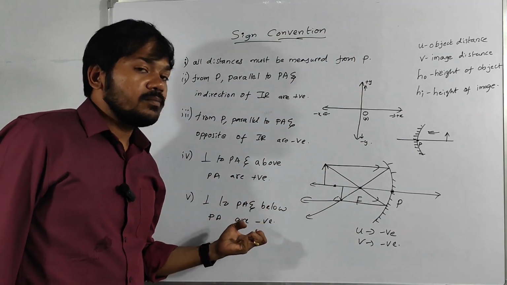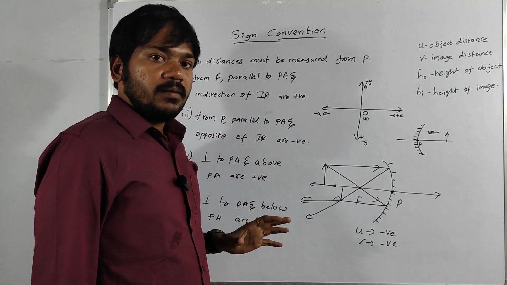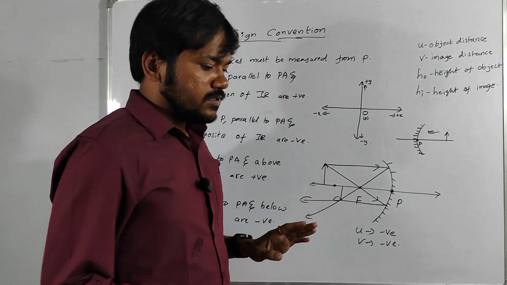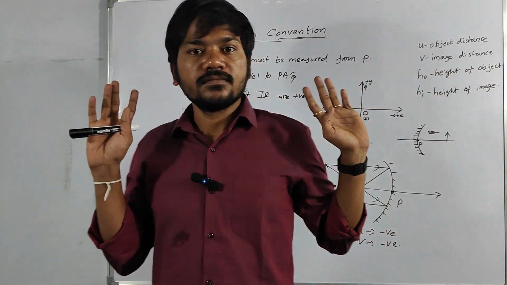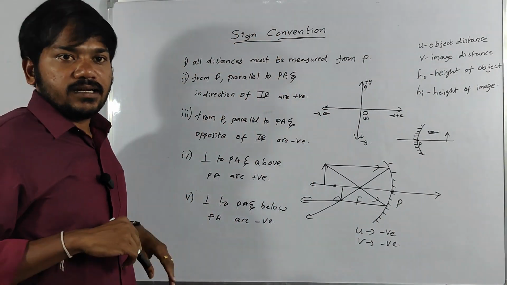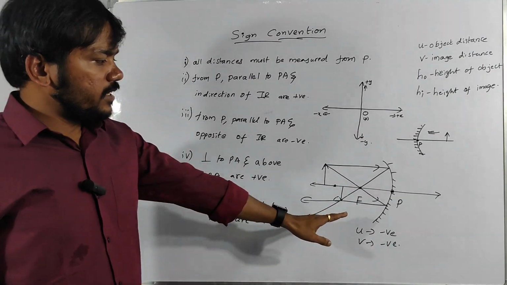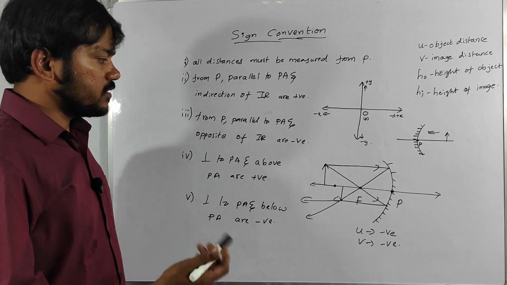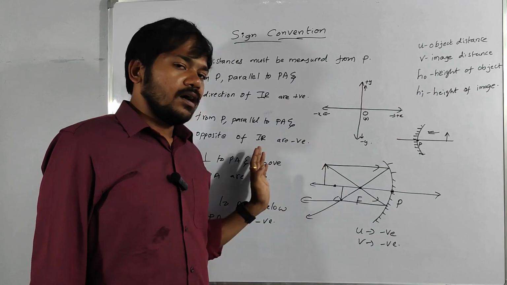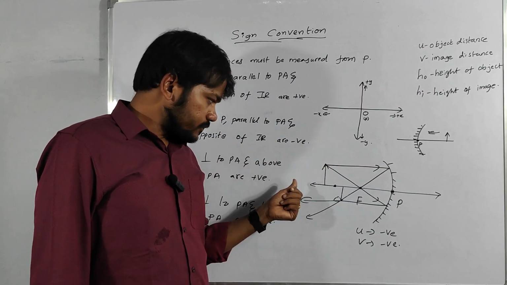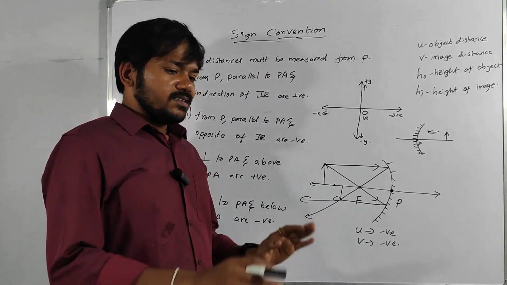In order to study the behavior of the image, whenever an object is kept before the mirror, mathematically, in simple words, how the image behaves relative to the object mathematically, that is being said by the sign convention. Clear with this, no? And you can even take other cases also. In my words, all the 5 cases will be almost similar for the concave mirror, because always the object will be on the left side, the image also will be on the left side, and the image will always be inverted, but its size matters.